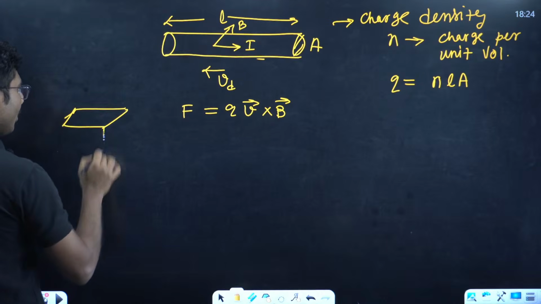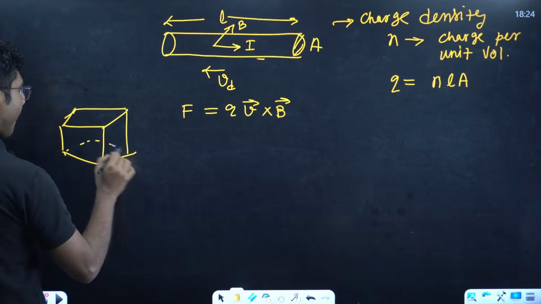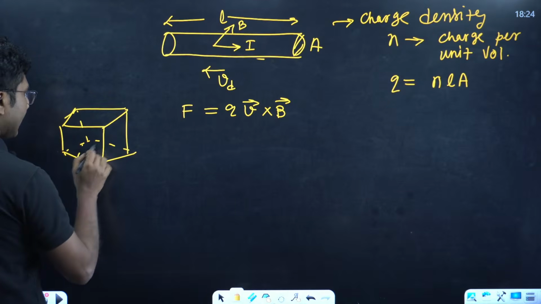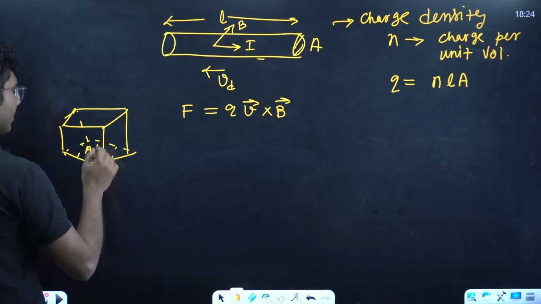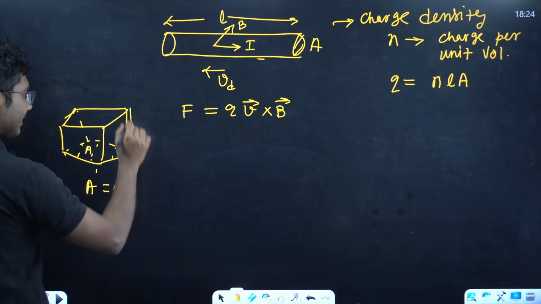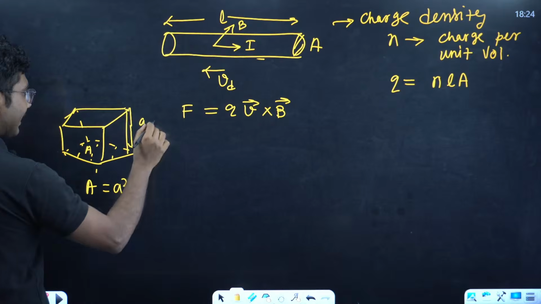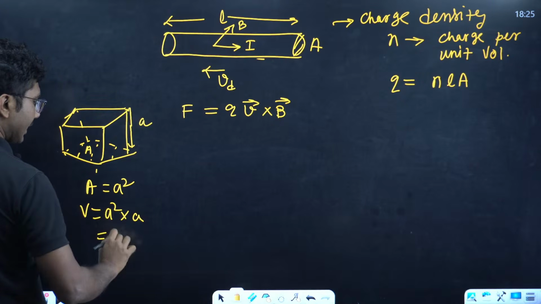For a cube, the area of a face is A square, and the length is another A. So the volume is A square into A, which is A cube.